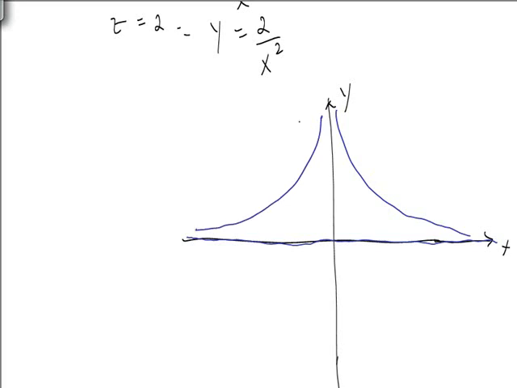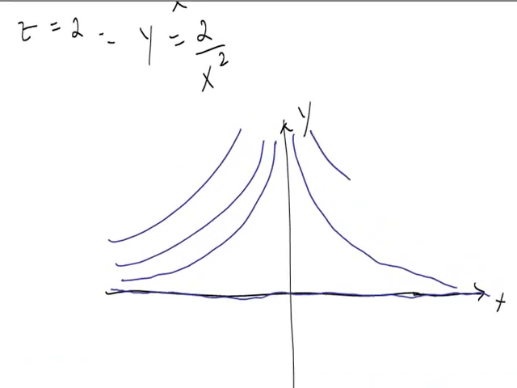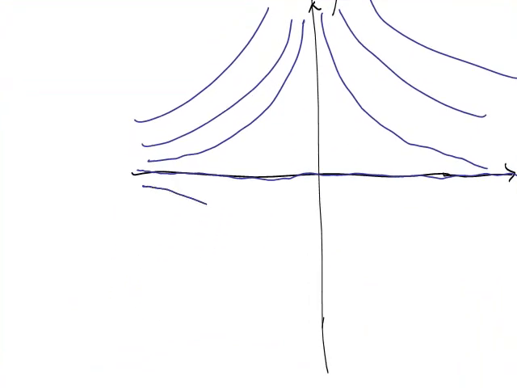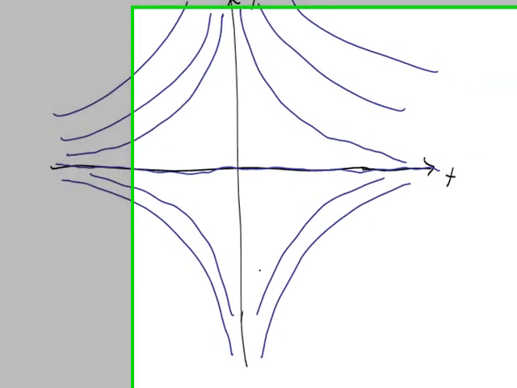And then what is going to happen is that you're going to have a variety of them. So you just draw a couple. I'm not even going to label them. And then minus 1 over x squared is below here like that. And you're just going to have a couple more, you know. So your level curves are going to look something like that.